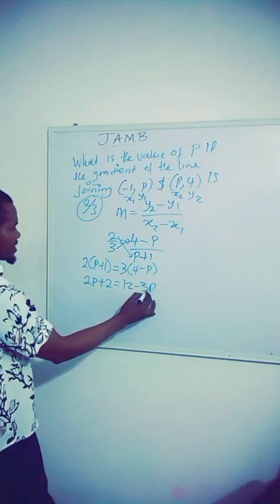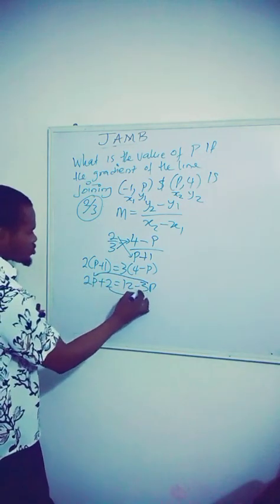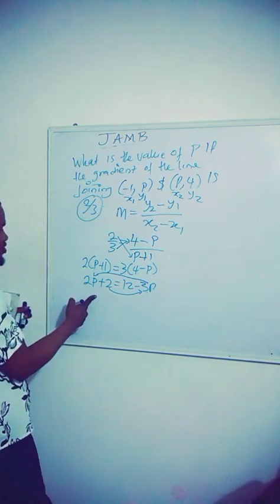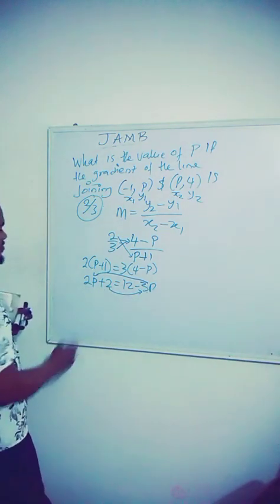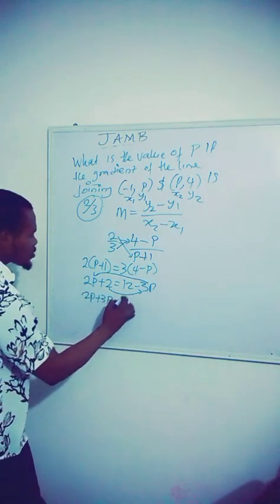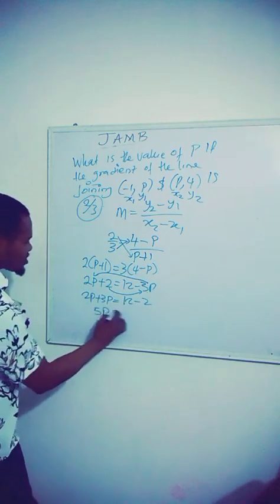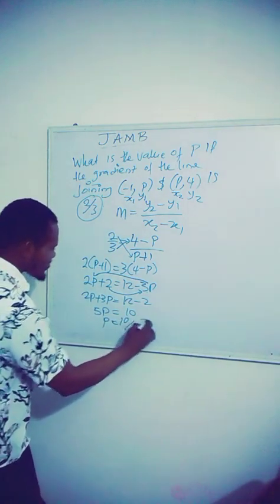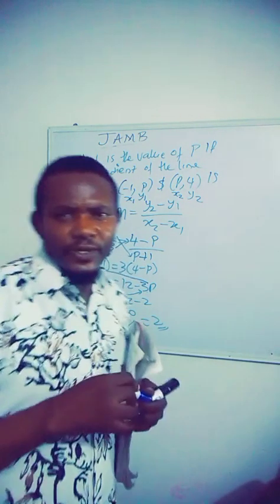I'll bring 3p to this side, and I will take 2 to this side. Once this minus is coming to this place, it becomes positive, and when this positive is coming to this place, it becomes negative. So I will have 2p plus 3p equals 12 minus 2. So 5p is equal to 10. So p equals 10/5, which is 2. So p is 2. Is that clear?